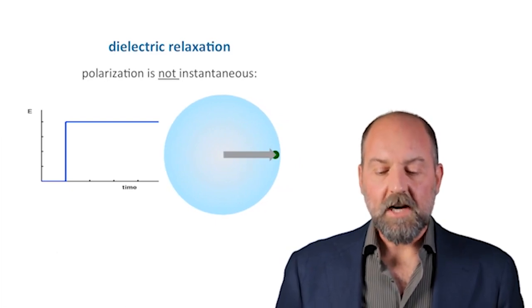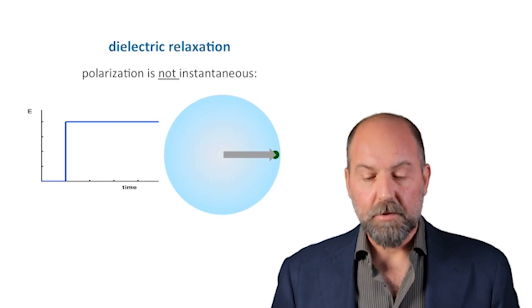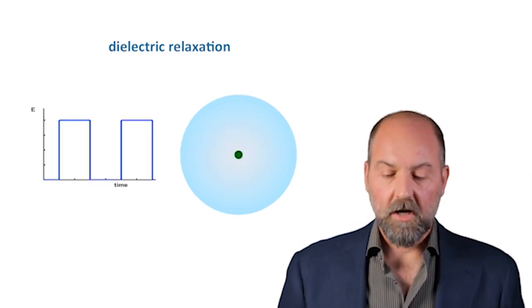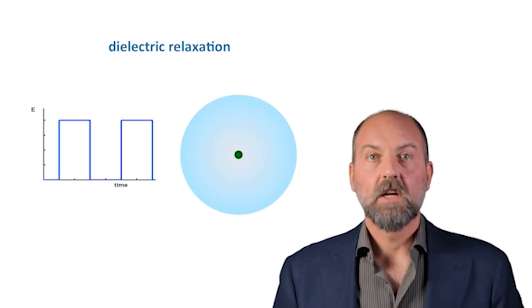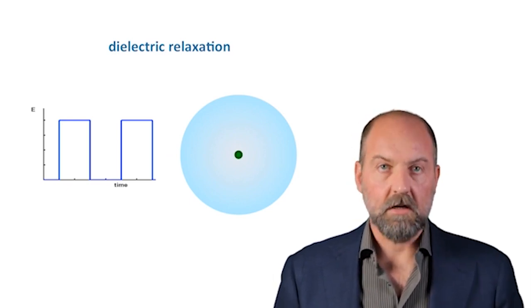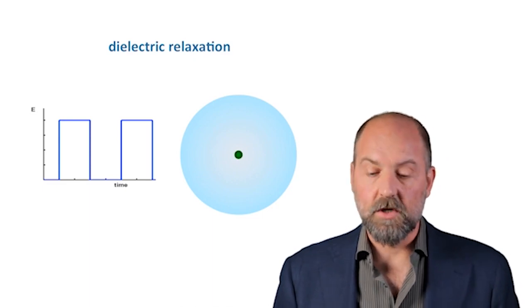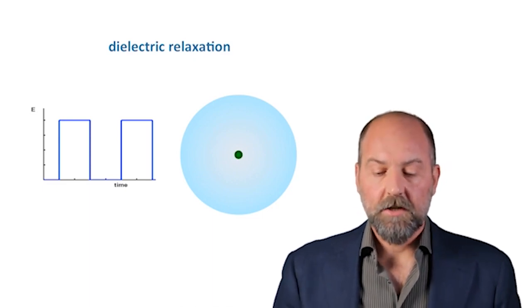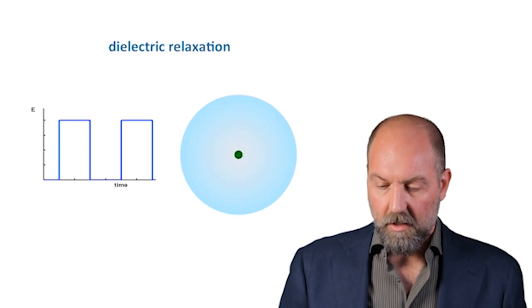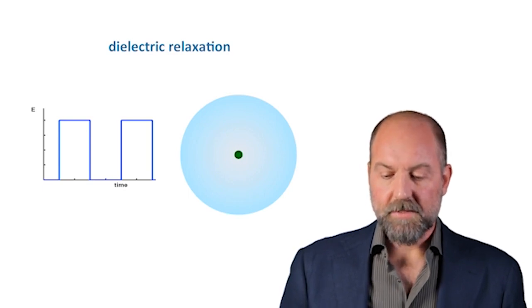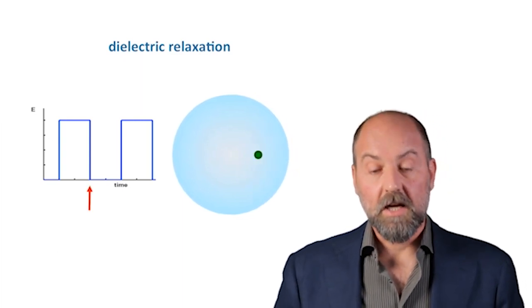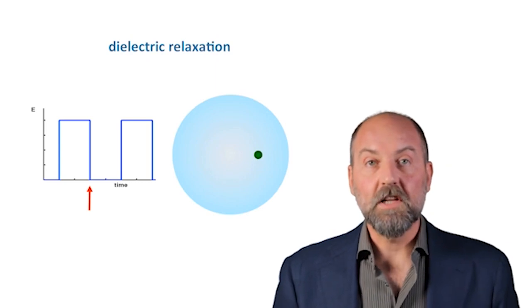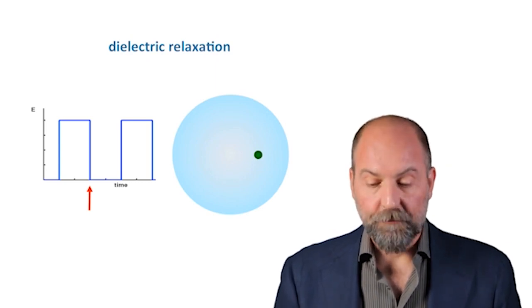Now, if we excite the system with a different input, such as this one displayed to the left, where the electric field oscillates between, say, a value of 1 and 0, at periodic intervals, this is what we call a square wave, well then, let's see what happens. The deformation begins, but before it can complete, the field goes back to 0.